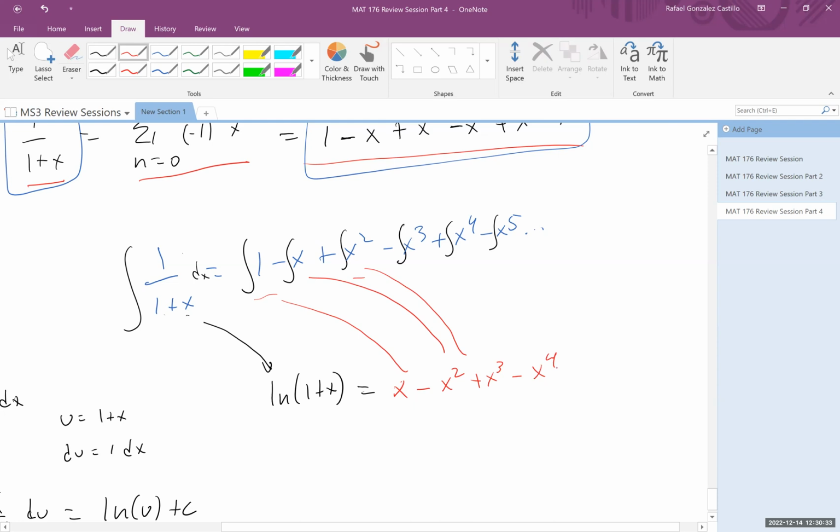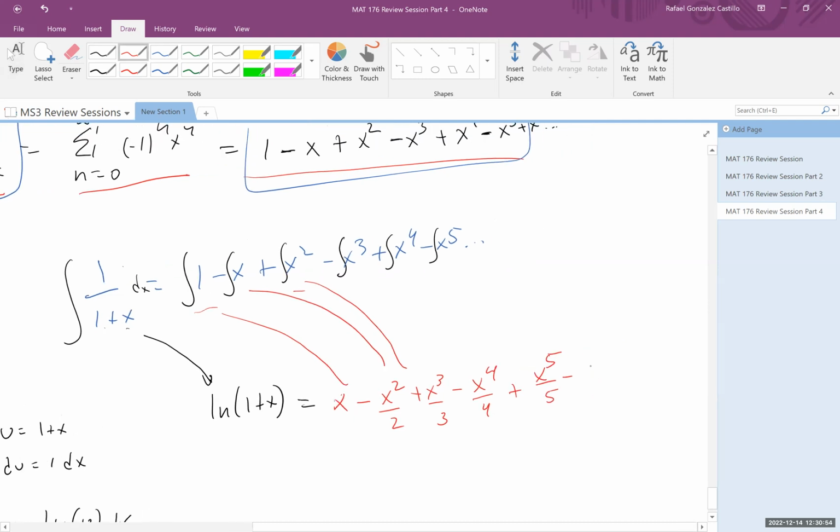And I'm just writing this like this, but obviously you're going to write it over 2, over 3, over 4 by the power rule, then plus the antiderivative of x to the 4, which is x to the 5 over 5, minus the antiderivative of x to the 5, which is x to the 6 over 6, and so on.